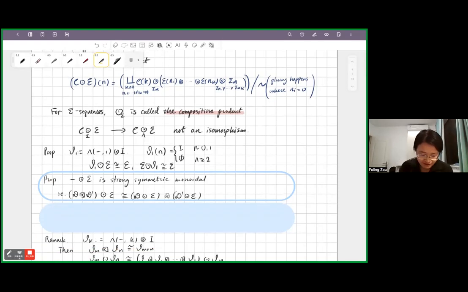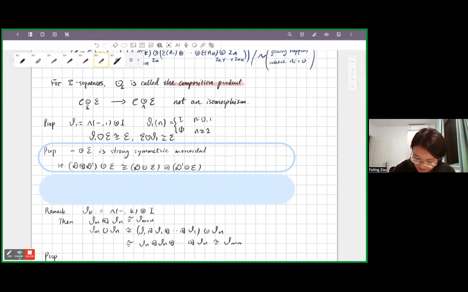Okay, and this composition product, Kelly product, is strong symmetric monoidal in the first variable, meaning that if we do deconvolution tensor with D prime, and we do circle dot E, this is isomorphic to D circle dot E box D prime circle dot E. And this tells us in particular that I0 dot anything is isomorphic to I0.